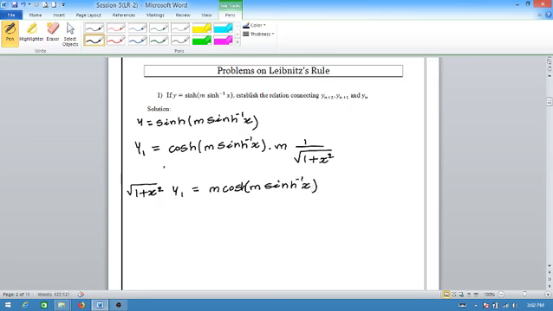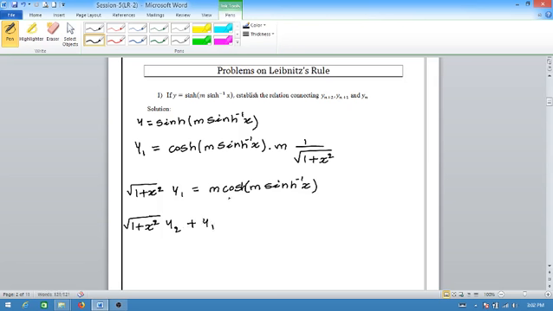Now differentiating one more time, in the LHS you have to apply the product rule. So that is root of 1 plus x square as it is, differentiation of y1 is y2, plus y1 as it is.